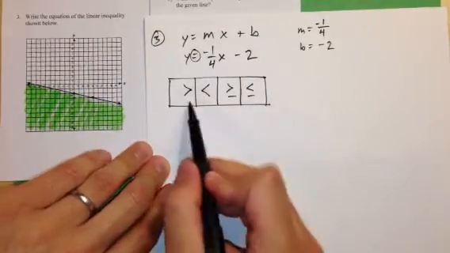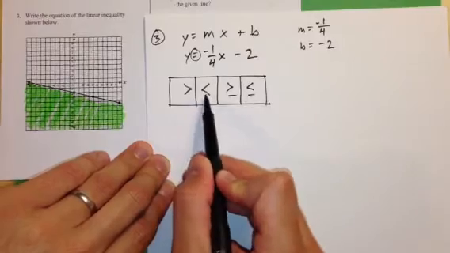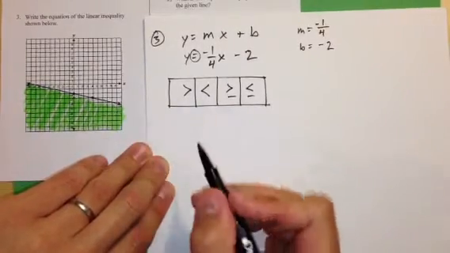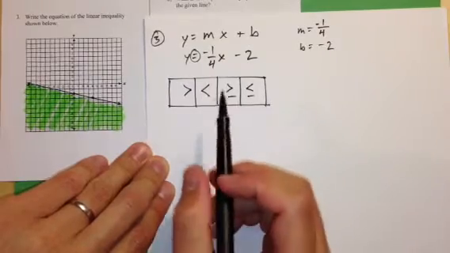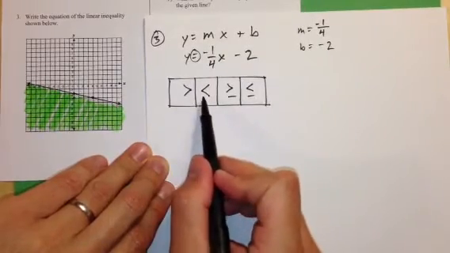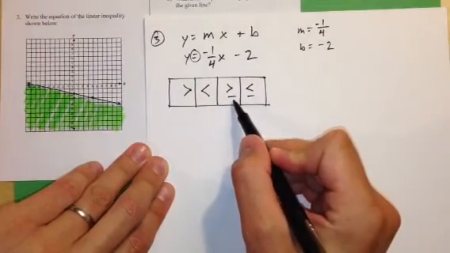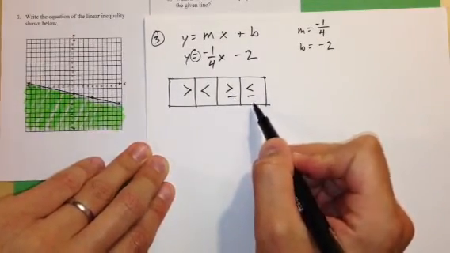Greater than or less than is a dotted line, and that is not what we have here. Because we have a solid line, we're going to choose greater than or equal to, or less than or equal to.